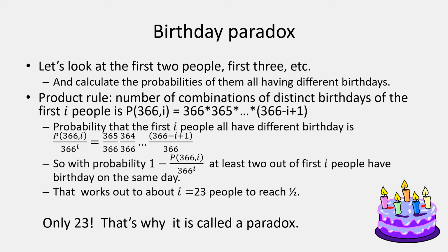So the first person has a choice of all the days in the year, the second person has a choice of all but one, the third person has a choice of all but 2 days of the year.